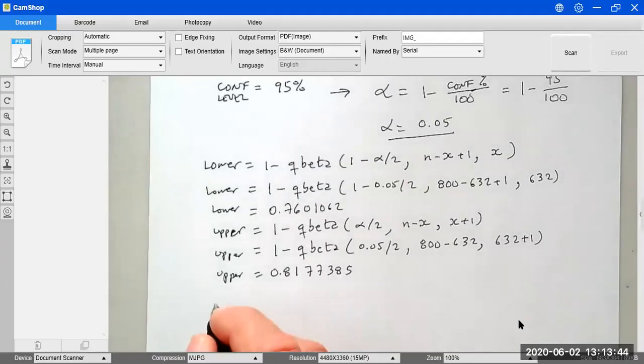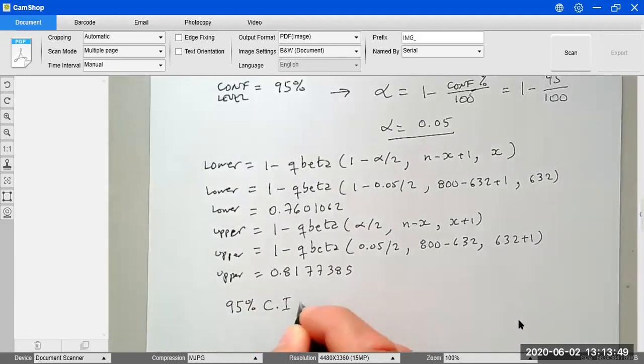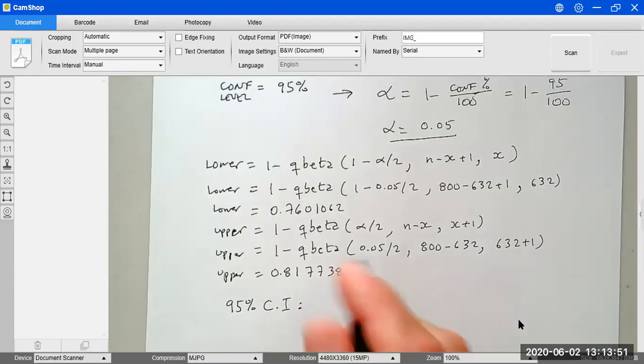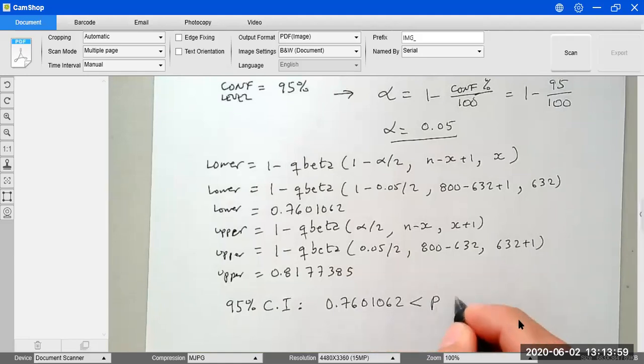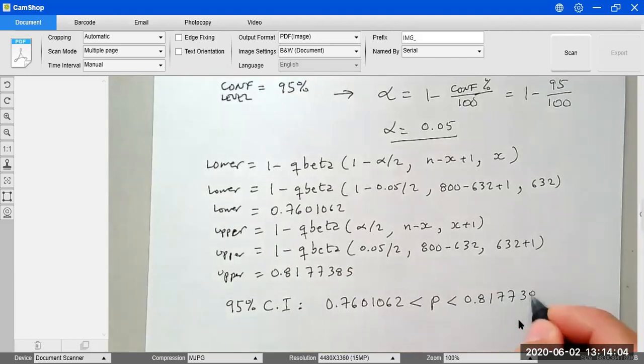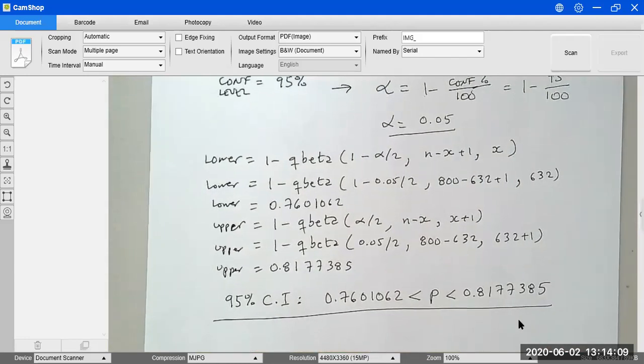So we're going to write that the 95% confidence interval for this population is going to be 0.760162 less than p less than 0.817385. So that is going to be the answer for the lower and the upper bounds for this problem, for the proportion of this population.